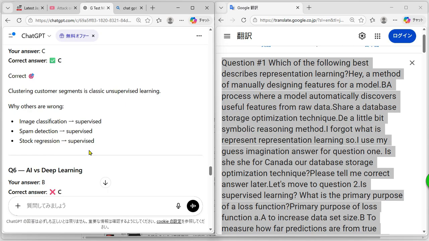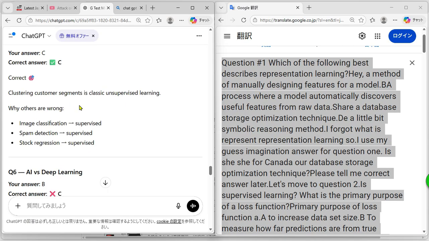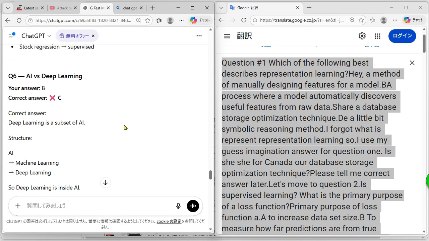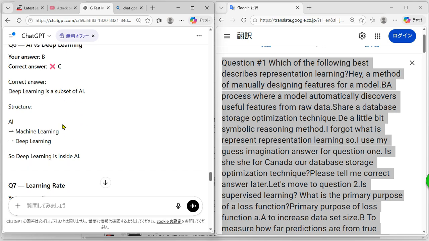Correct answer: deep learning is a subset of AI. Structure: AI includes machine learning, which includes deep learning.